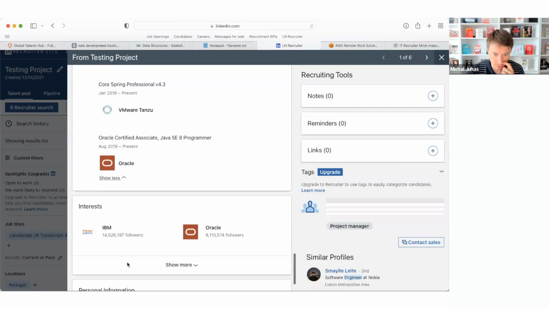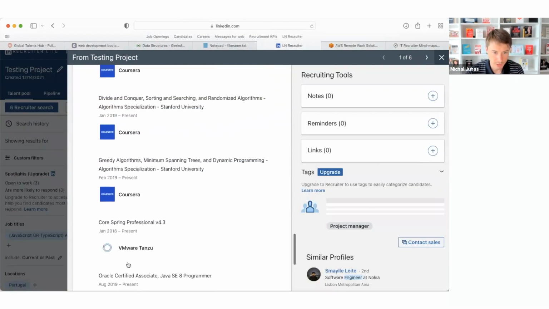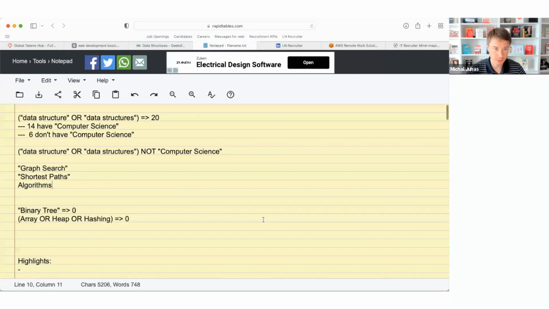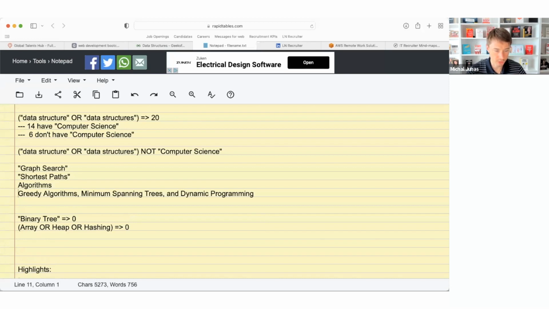Oh, this is so cool, isn't it? That's magic. Greedy algorithms, minimum spanning trees, dynamic programming. Wow, that's so cool. Look, guys, we are now revealing so many wonderful keywords.